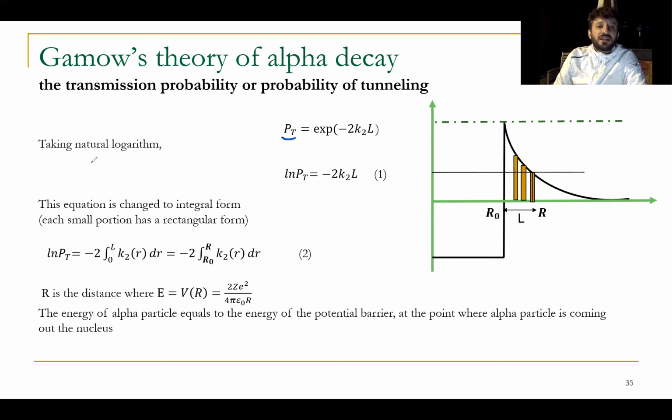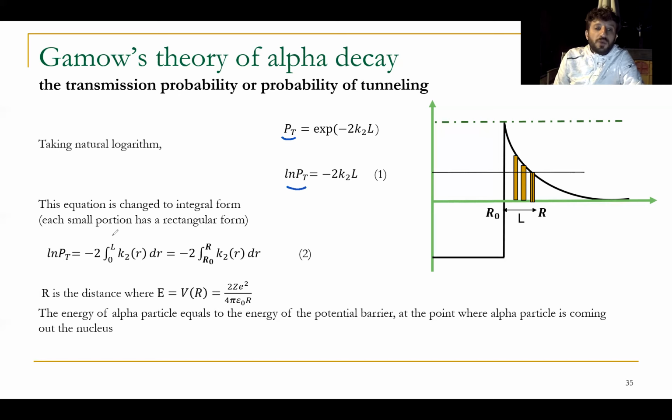We can take a natural logarithm, ln PT equals minus 2 K2L. This equation is changed to integral form. I want to integrate this equation from the small portion to cover all the potential barrier.